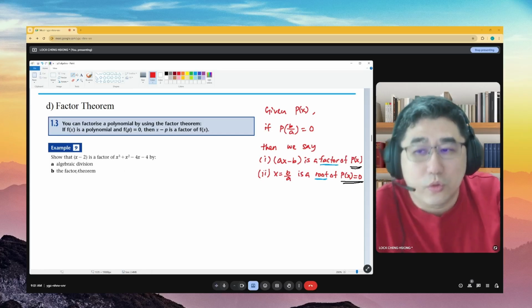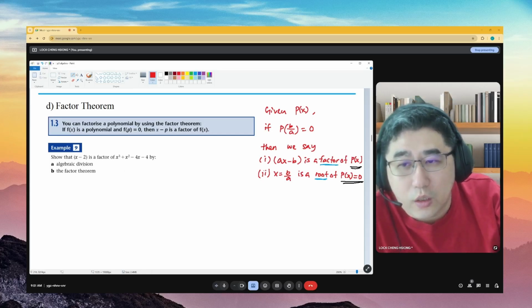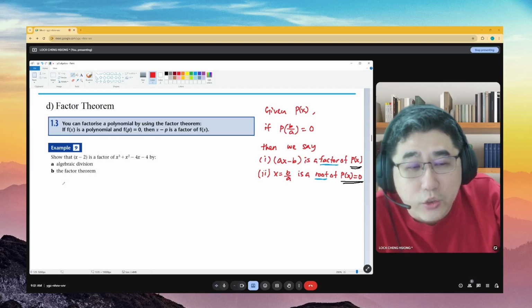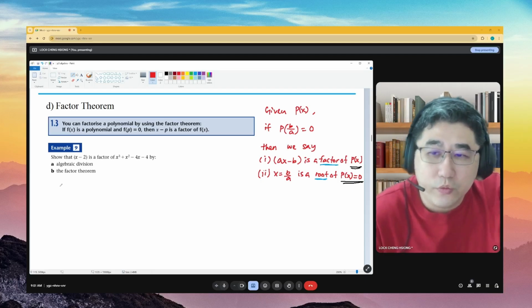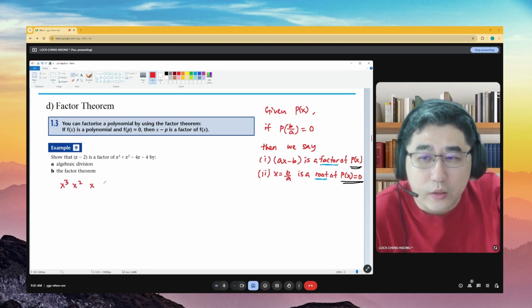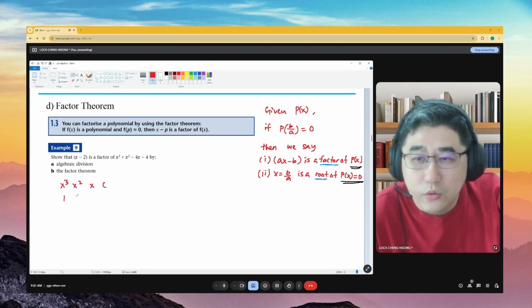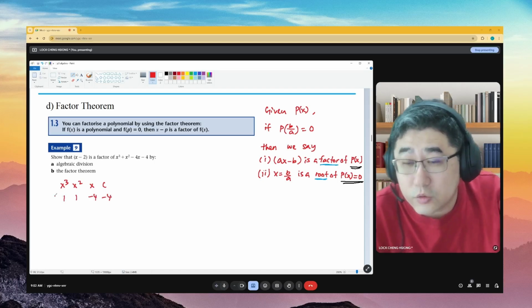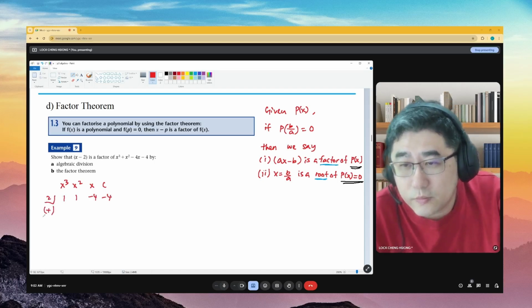Over here, of course, by using long division we can do it. For the sake of simplicity, I use synthetic division. Therefore I have x cubed, x squared, x and constant: 1, 1, minus 4 and minus 4 here. Then I substitute 2 with a plus.